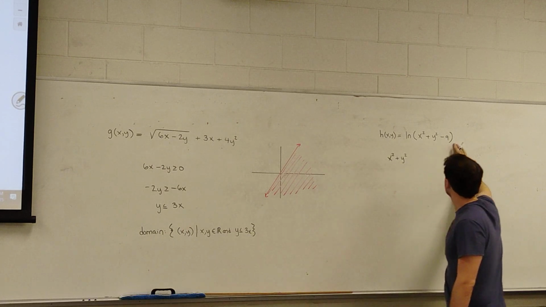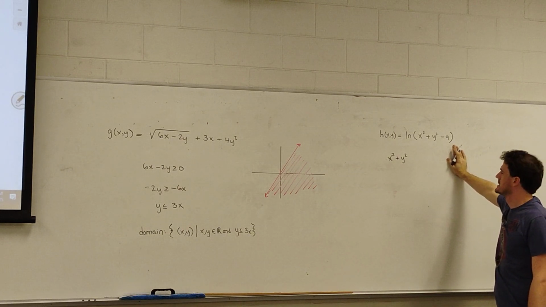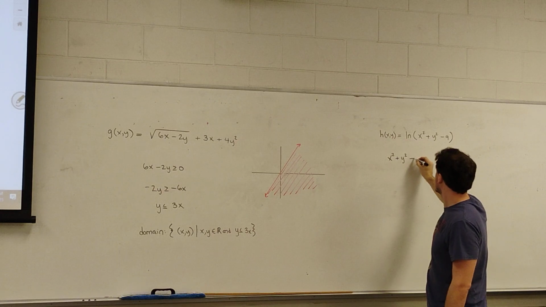Remember for natural logs? Strictly greater than 0. Yep.